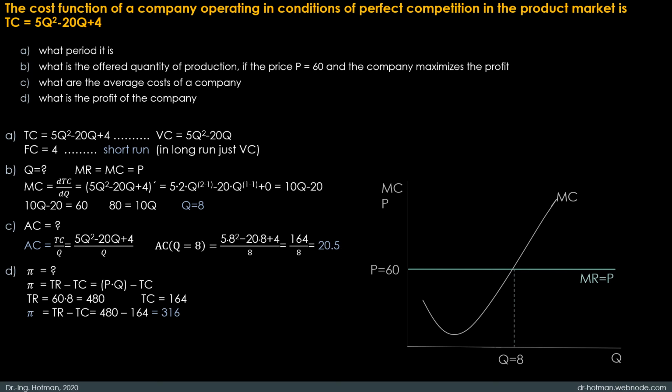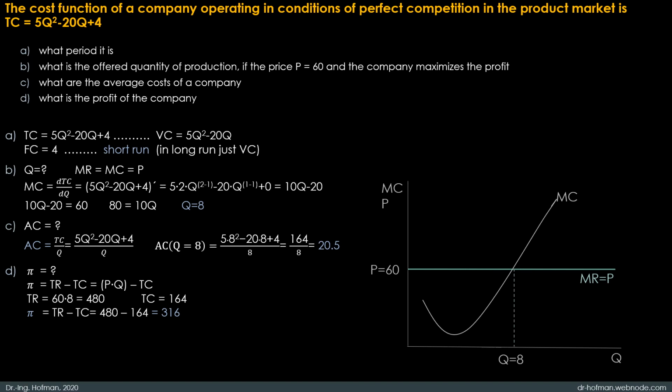Here we are asked to identify the period when we know the cost function of a company operating in conditions of perfect competition in the product market, which is TC equals 5Q squared minus 20Q plus 4.